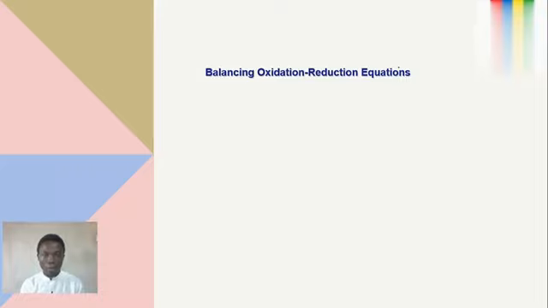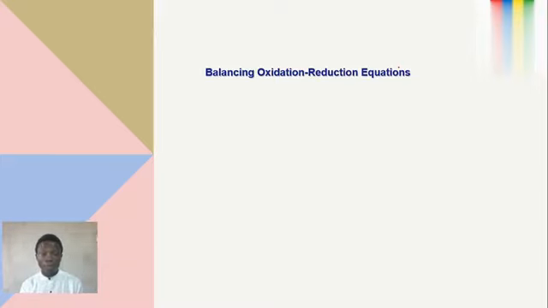In terms of hydrogen, reduction is addition of hydrogen, while oxidation is removal of hydrogen. In terms of electron, oxidation is loss of electron, that is OIL, and reduction is gain of electron, that is RIG.